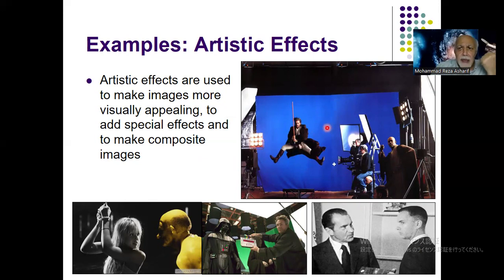For instance, my background here is, of course, different, but anyway, this is an artistic effect. Also this example, and also this example. Now you are very familiar with these kinds of new techniques today.